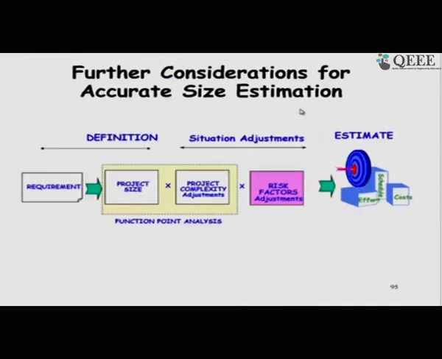So, once we get the function point, initially we get the raw unadjusted function point, and then we consider the project complexities and use the value adjustment factor, and that is the problem complexity.